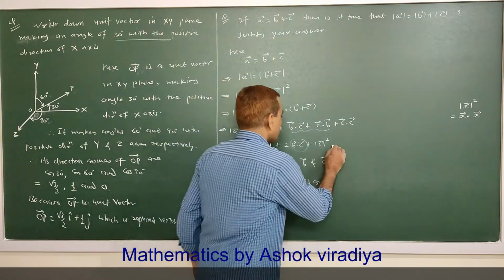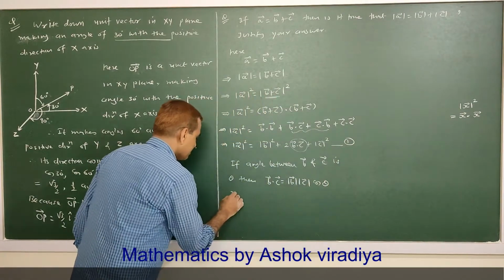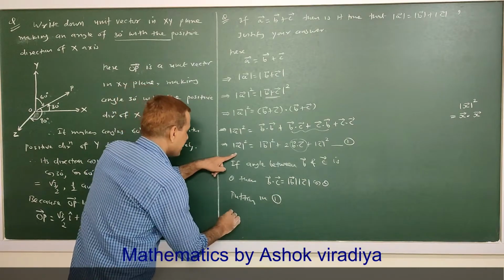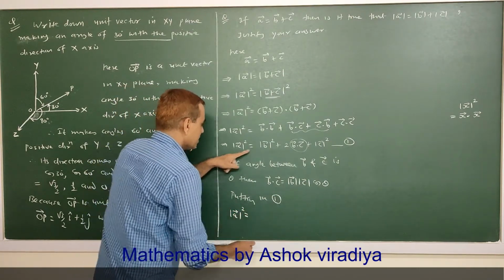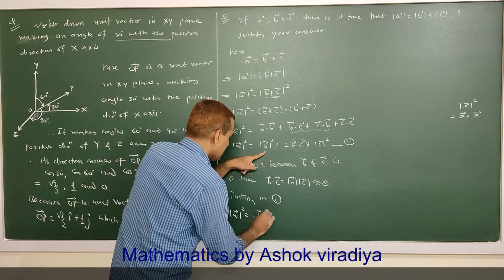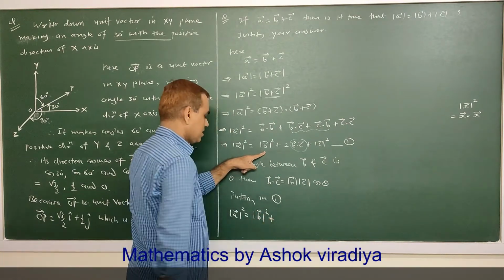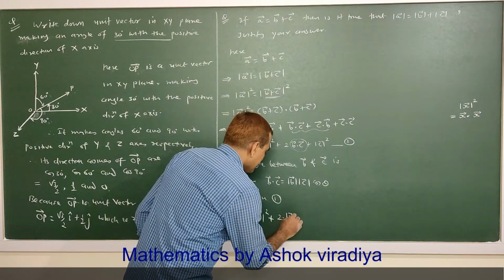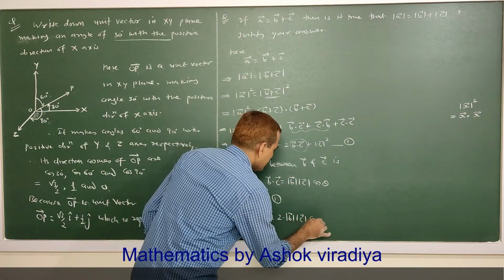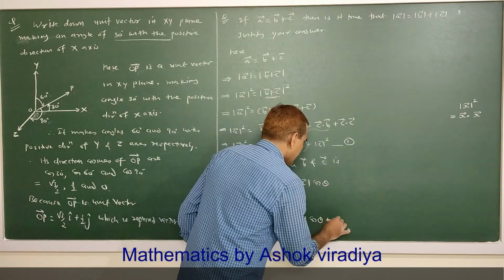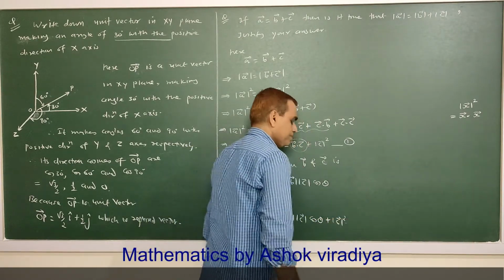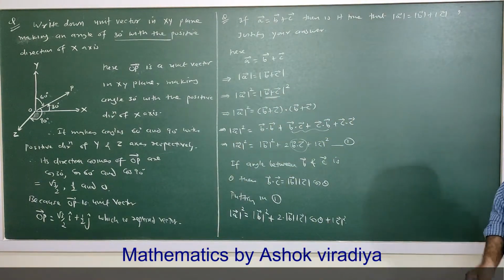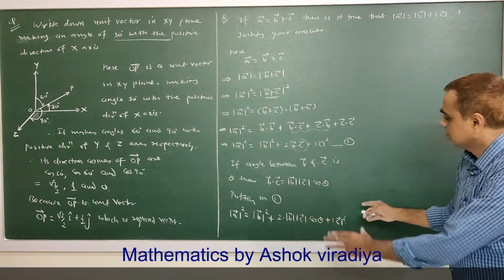So putting in equation 1, magnitude A square is magnitude B square plus 2 times magnitude B magnitude C cos theta plus magnitude C square. So this is the derived result.